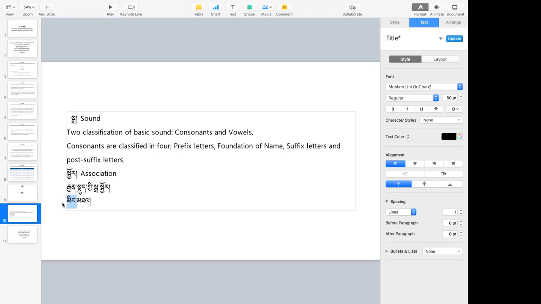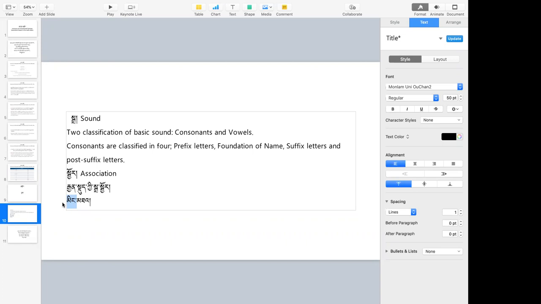There may be a single basic sound name, or they could be a combination of different basic sounds. When they are a single sound name, these are known as Mingshi Kyangbi Ming, which means a name that is solely the foundation of name. Because any word in Tibetan must consist of a foundation of name. That is why it's called foundation of name, because any word or terminology or name in Tibetan that you bring out will consist of a foundation of name.